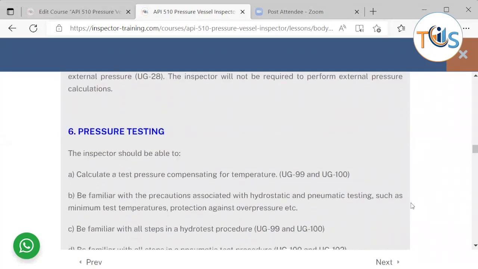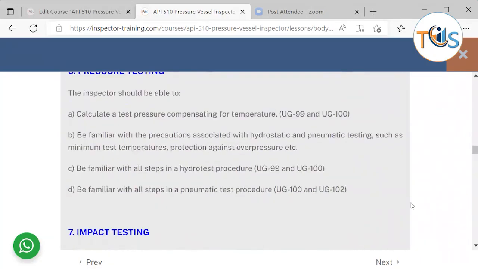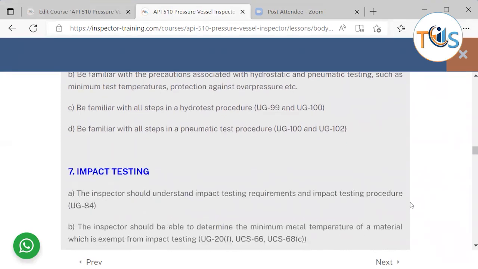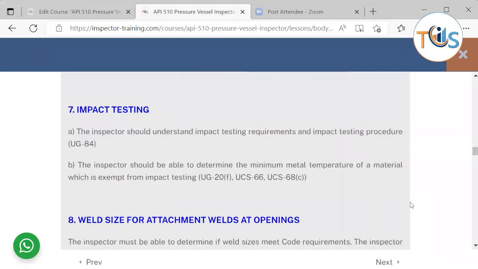And you should know about pressure testing, which is UG-99 and UG-100: the gauges, the range of the gauge, the pressure, how the pressure tests need to be done, and the leak test, etc. And then you should go to UG-84 for any leak testing. Okay.